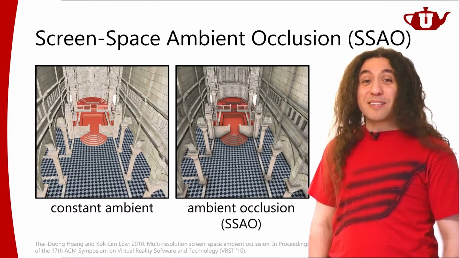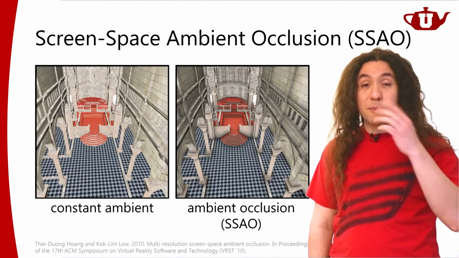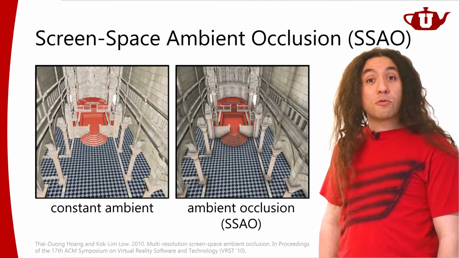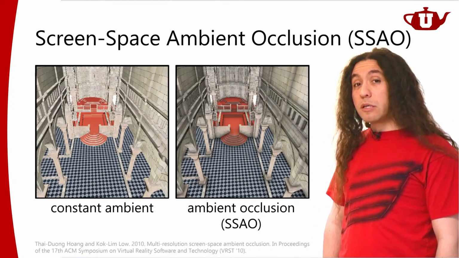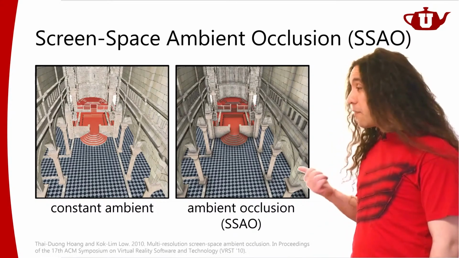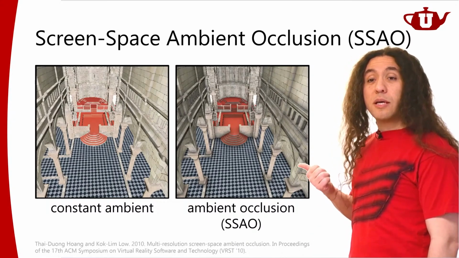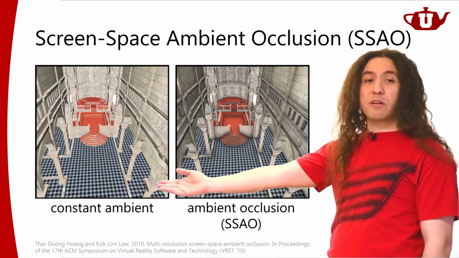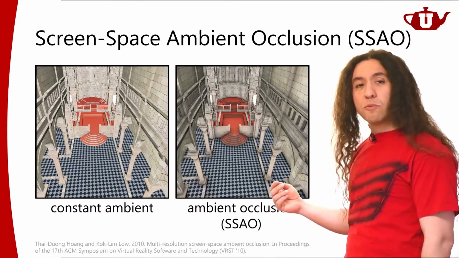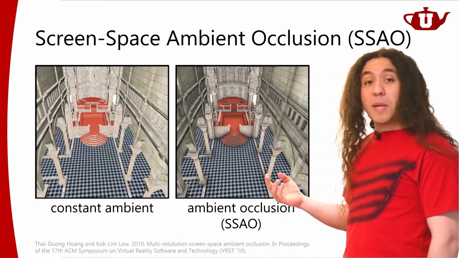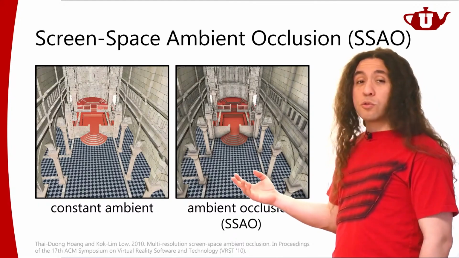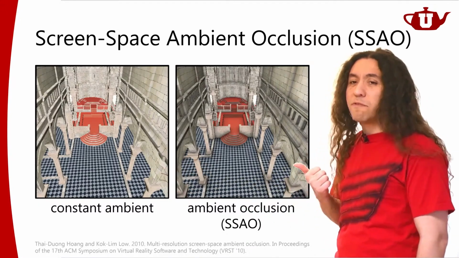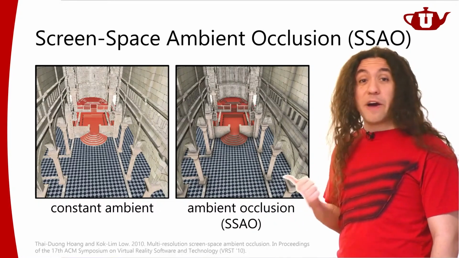So computing indirect illumination might be a little too expensive depending on what kind of scene we're rendering, what kind of GPU we're using. So in such cases, we might prefer screen space ambient occlusion, because this is going to give a huge improvement over constant ambient term. But it's going to be very close in terms of computation cost to a constant ambient. This is not free, obviously, but it's very, very fast.